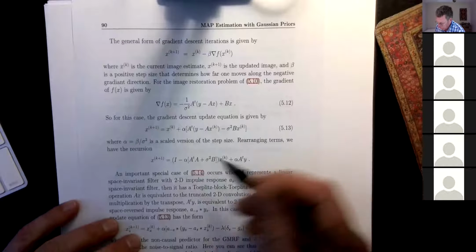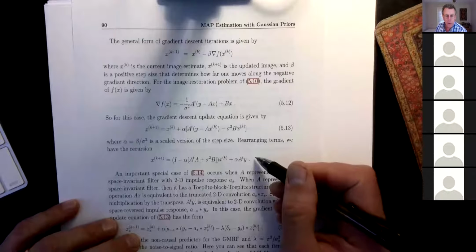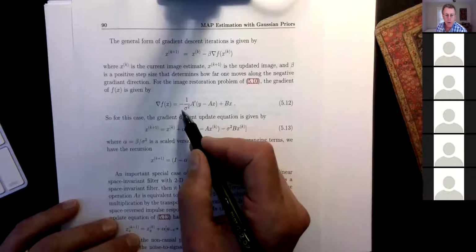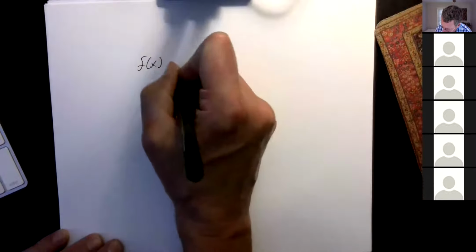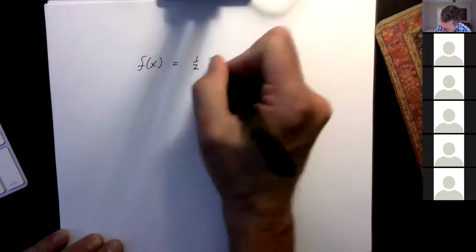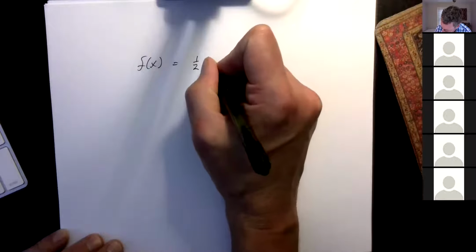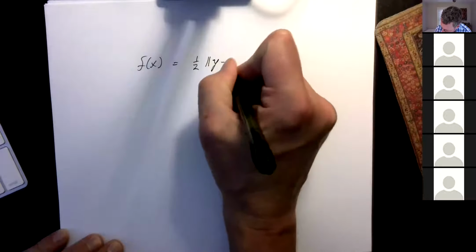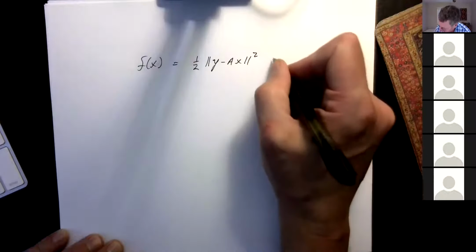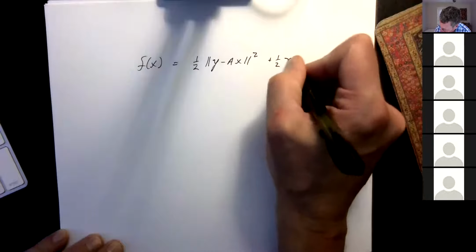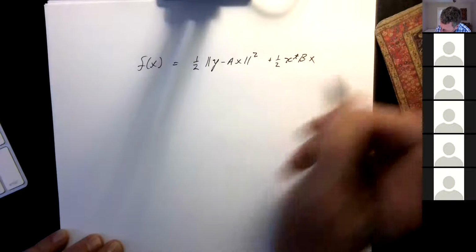All right, so this is the equation for gradient descent. That's the gradient of the function we're minimizing. So f of x is equal to 1/2 norm of y minus Ax squared. So this is like least squares fitting, plus 1/2 x transpose Bx.